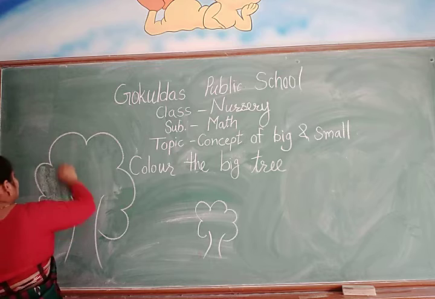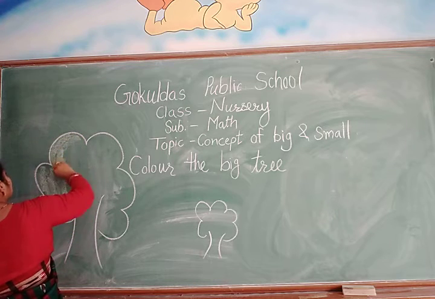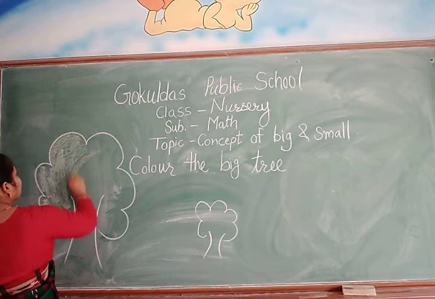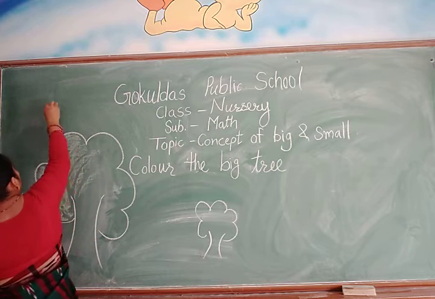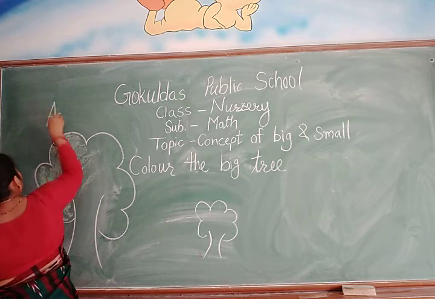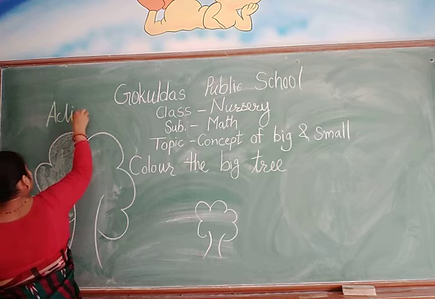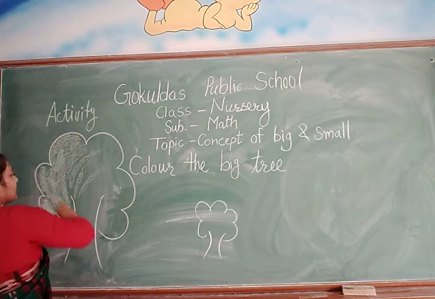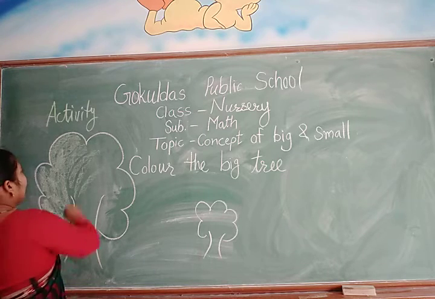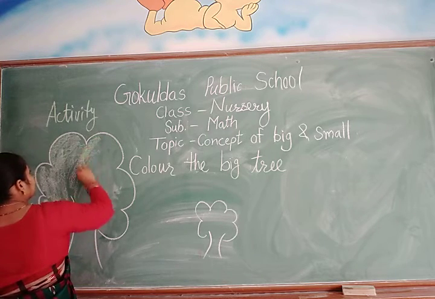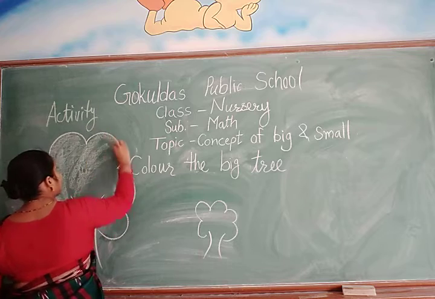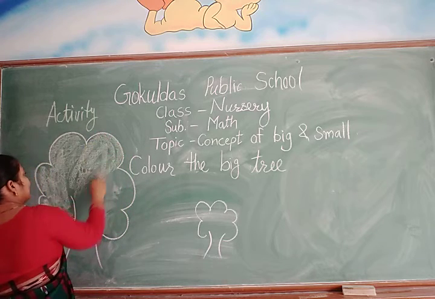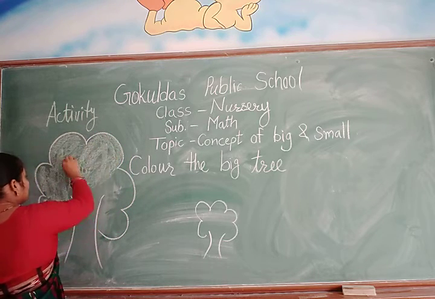Put color like this. This is your activity. Put color in a tree. Like this. Very good.